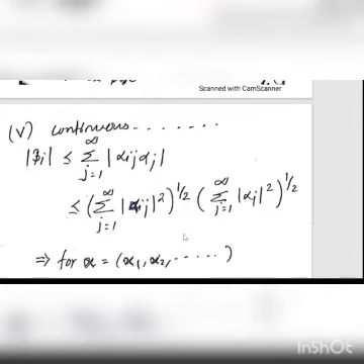Now for alpha, I have put alpha equal to alpha 1, alpha 2, etc., because I am not so comfortable with the notation that I mentioned earlier. Here the problem is that your alpha i belongs to L2.